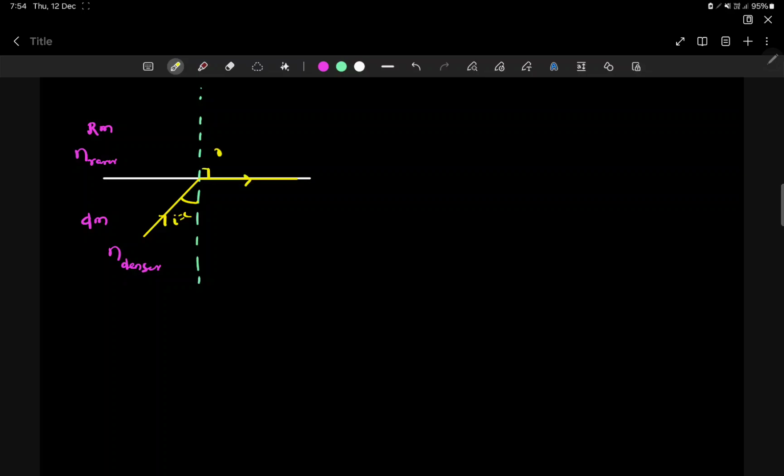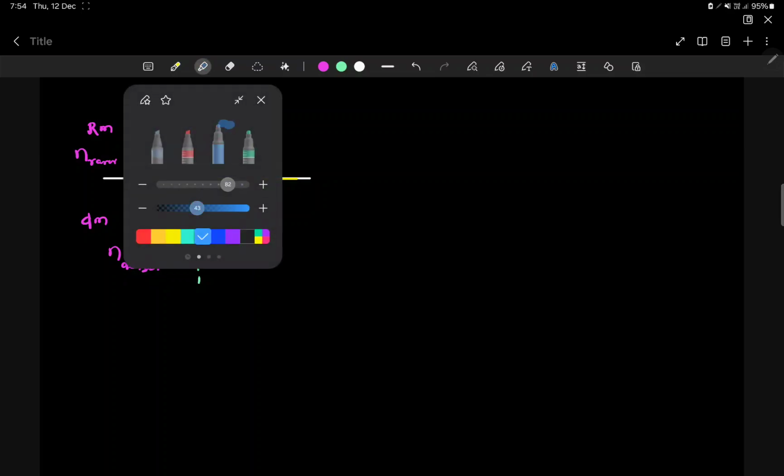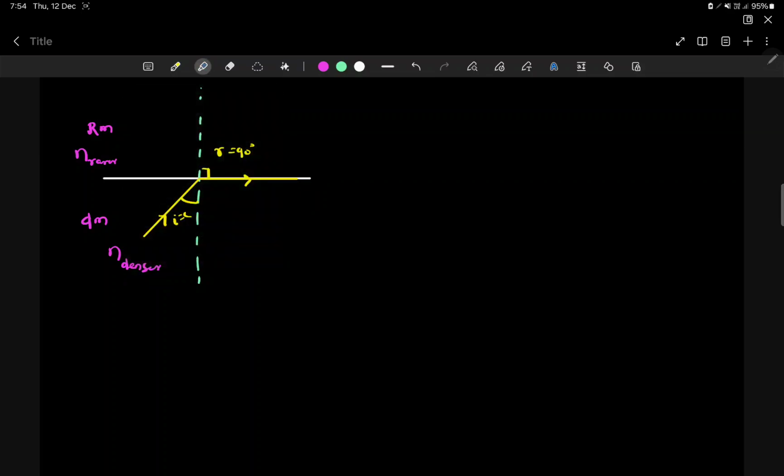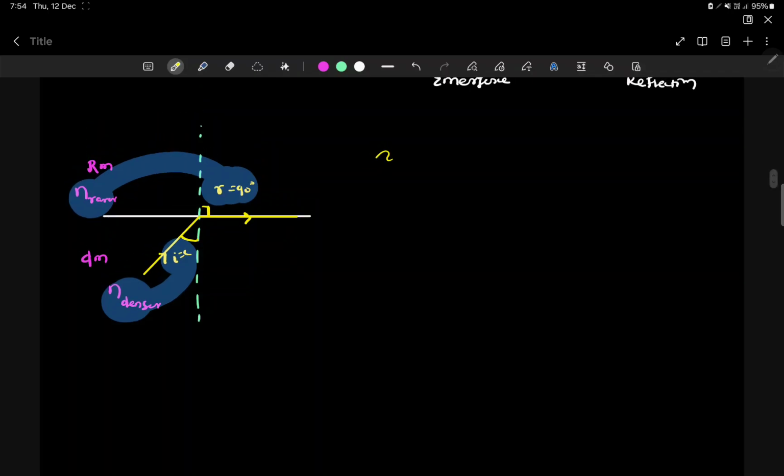In that case angle r is equal to 90 degrees. If I apply Snell's law, refractive index of denser into sin c is equal to refractive index of rarer into sin r, that is 90 degrees.